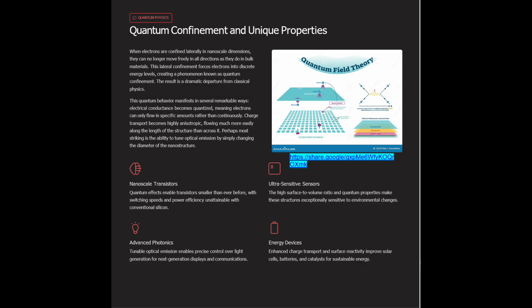Transport becomes highly anisotropic, flowing much more easily along the length of the structure than across it. Perhaps most striking is the ability to tune optical emission by simply changing the diameter of the nanostructure. Nanoscale transistors: quantum effects enable transistors smaller than ever before, with switching speed and power efficiency unattainable with conventional silicon.